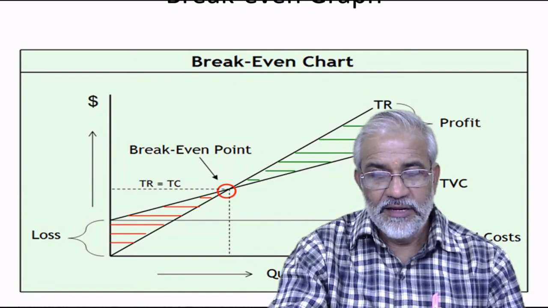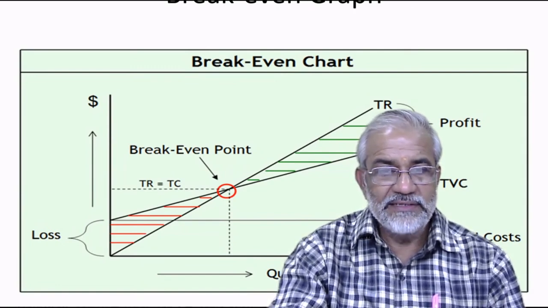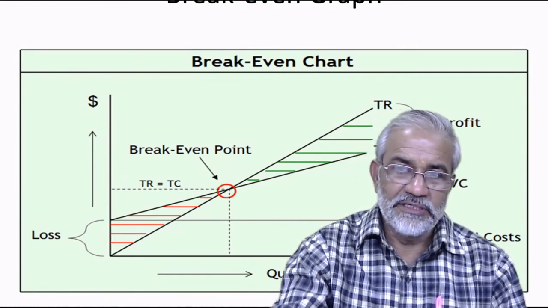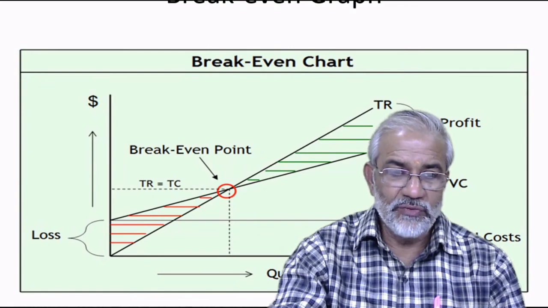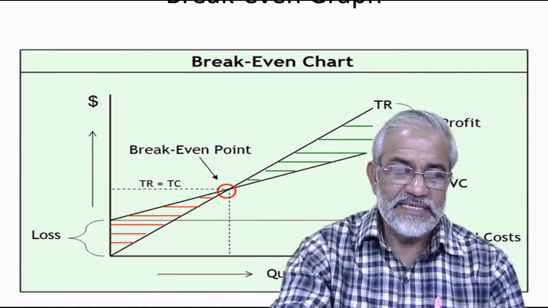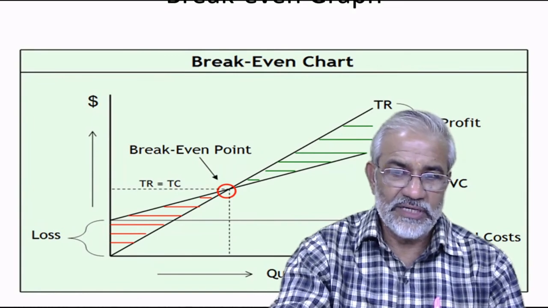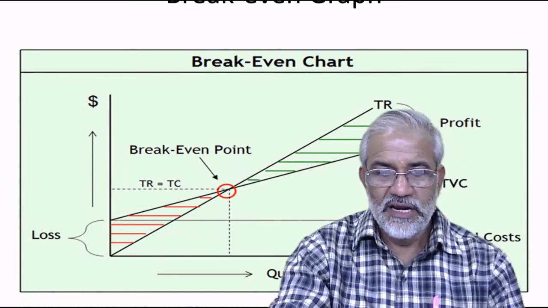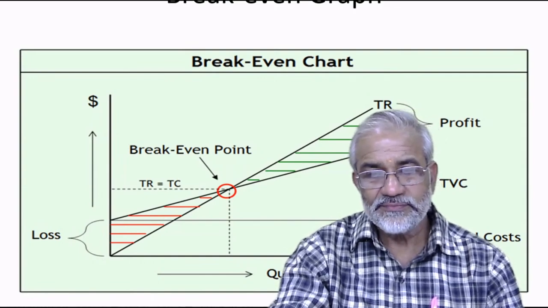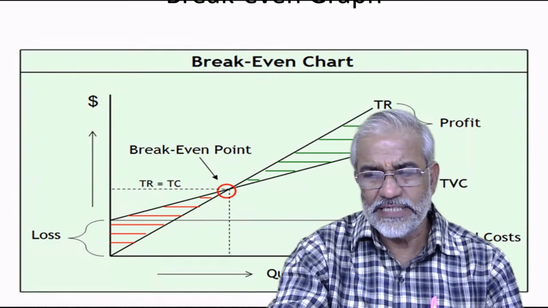Then the variable cost line starts from the fixed cost line. TR is the total revenue, and TC is the total cost. Total cost includes the variable cost as well as the fixed cost.